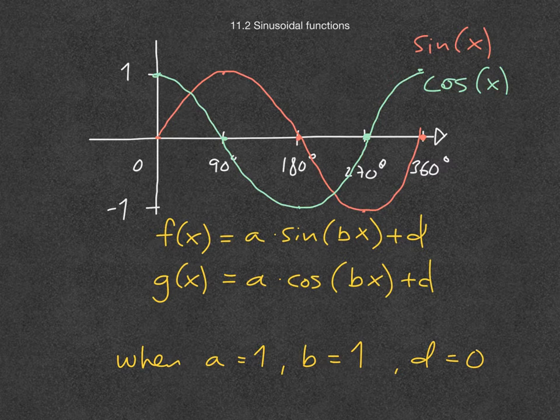And if we put in the values 1, 1, and 0, we see that this becomes 1, this becomes 1, so this is cosine of x plus 0. So it's exactly the same as this one here. But if we put in different values for a and b and d, this function is going to look different.